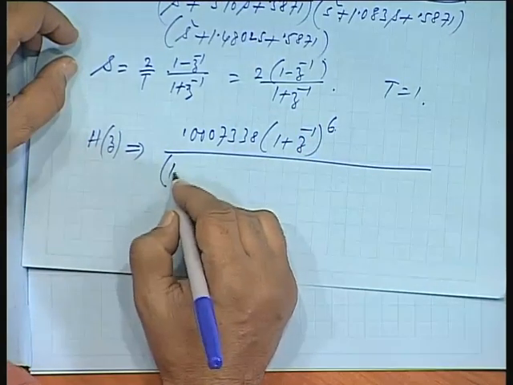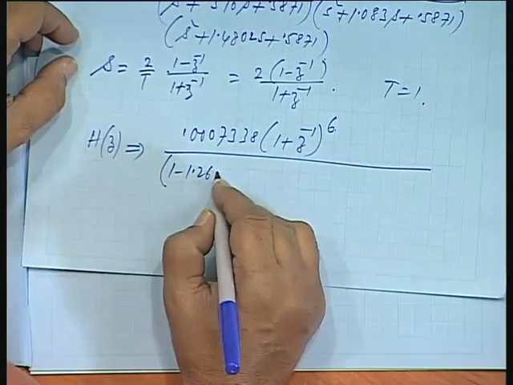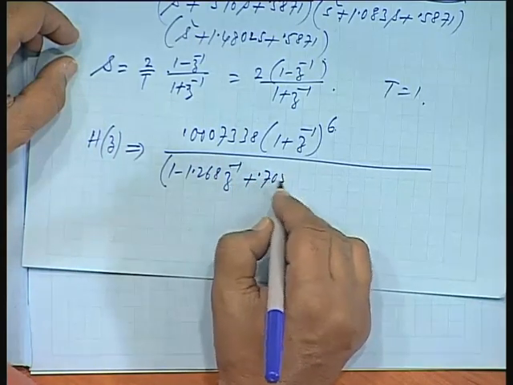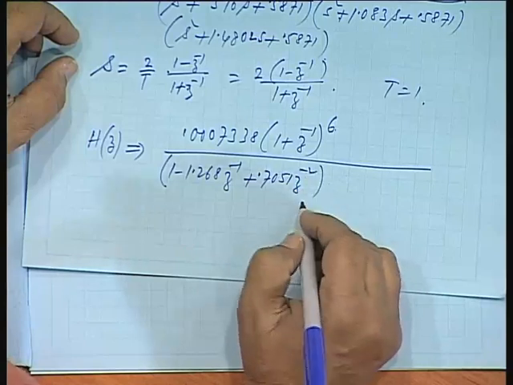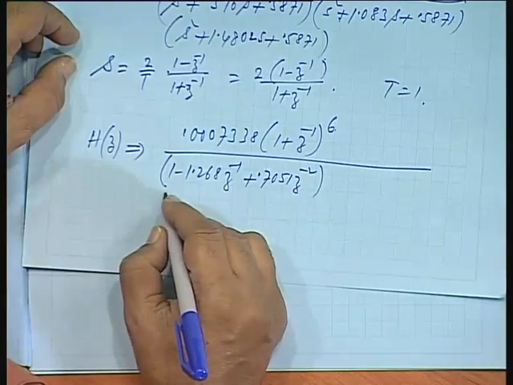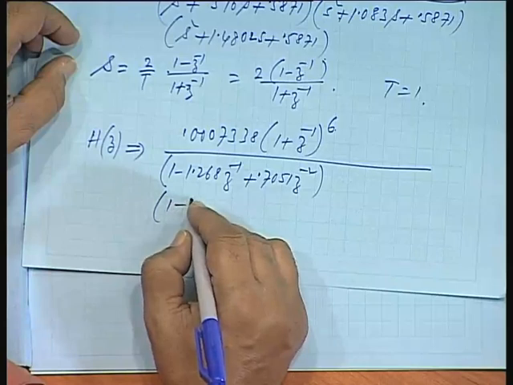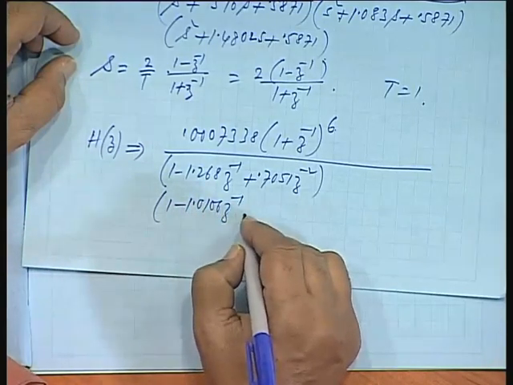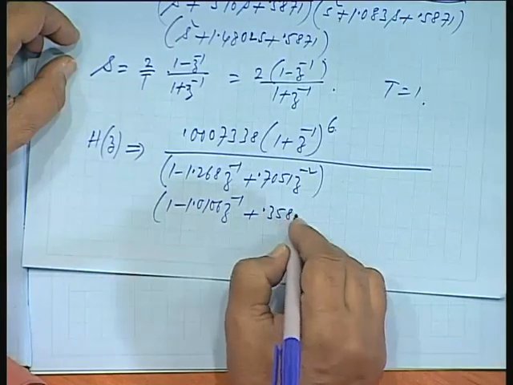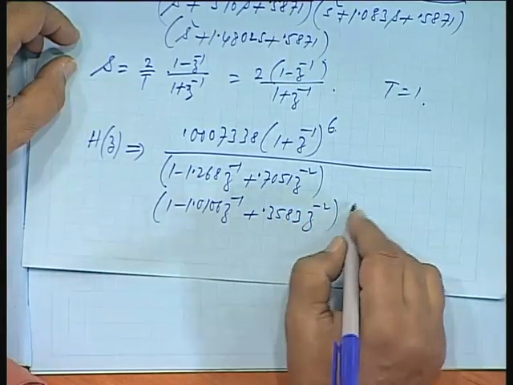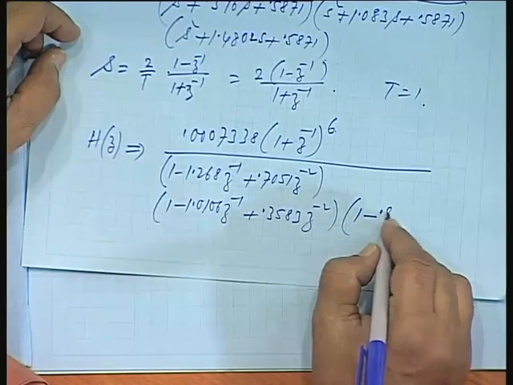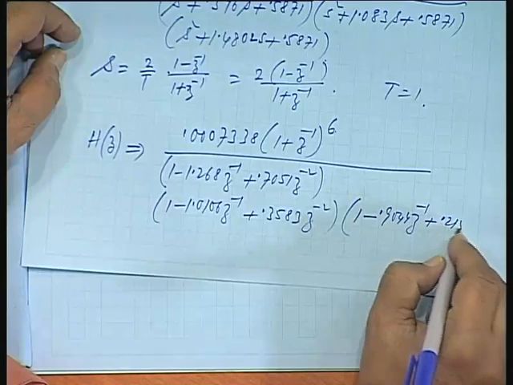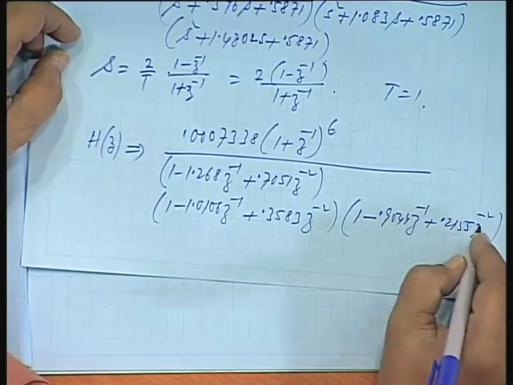Here in the denominator you get 1 minus 1.268 Z to the power minus 1 plus 0.7051 Z to the power minus 2, into 1 minus 1.0106 Z to the power minus 1 plus 0.3583 Z to the power minus 2, into 1 minus 0.9044 Z to the power minus 1 plus 0.2155 Z to the power minus 2.